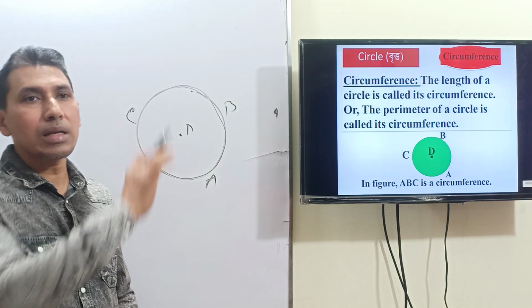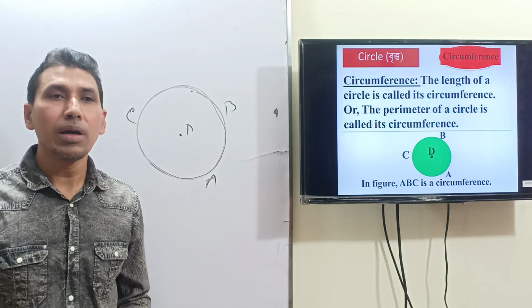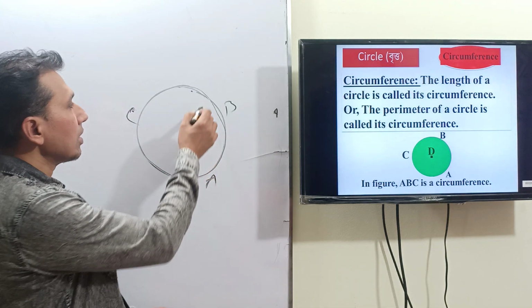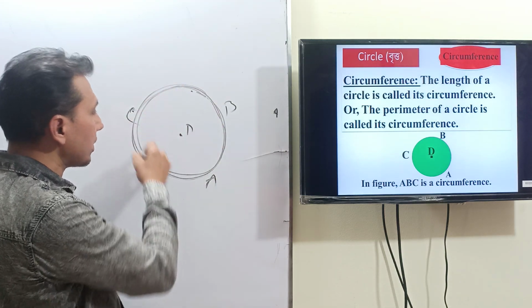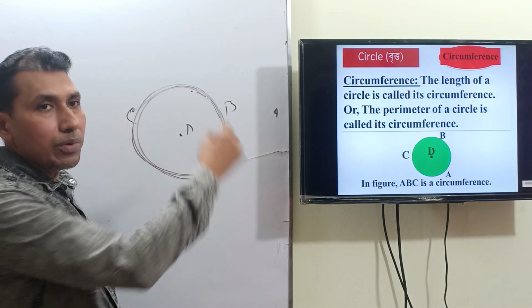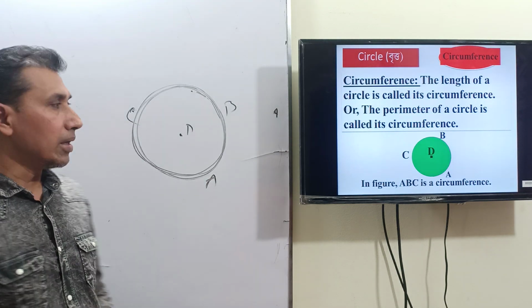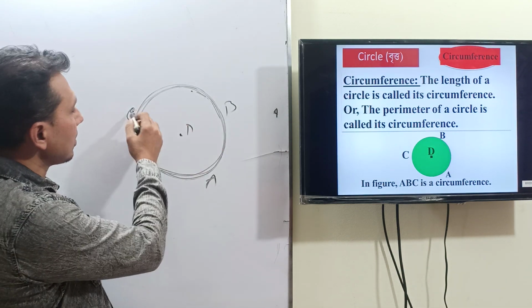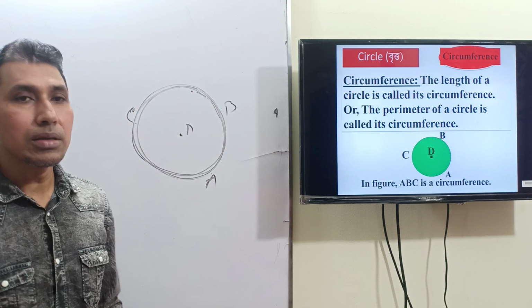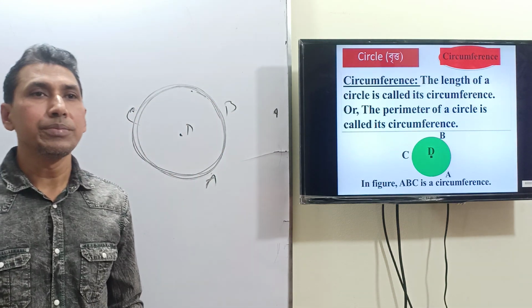The length of a circle is called its circumference, or the perimeter of a circle is called its circumference. This is the perimeter. In the figure, ABC is a circumference.